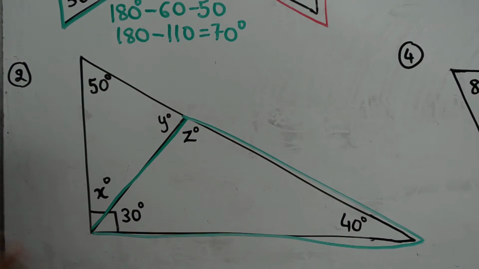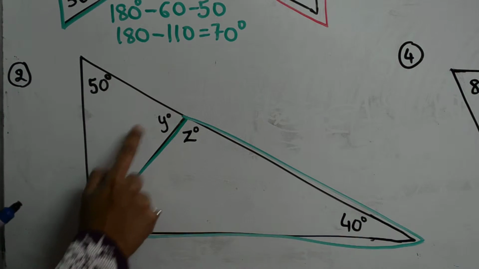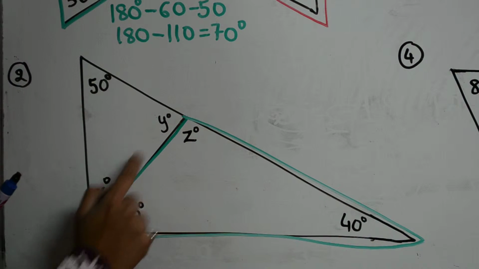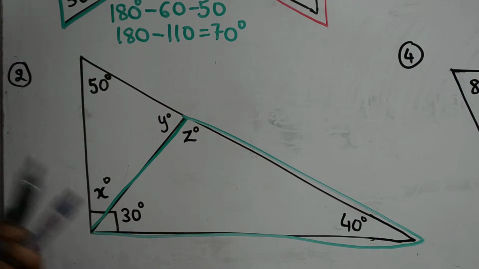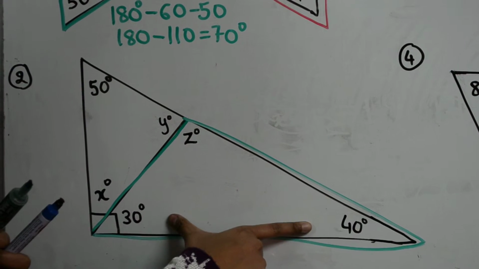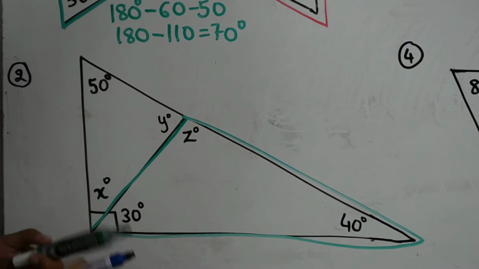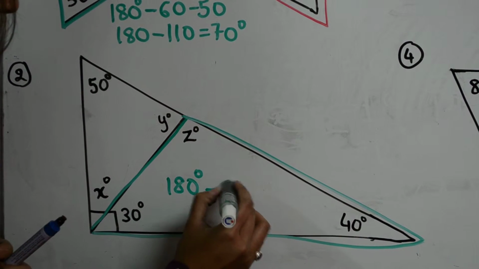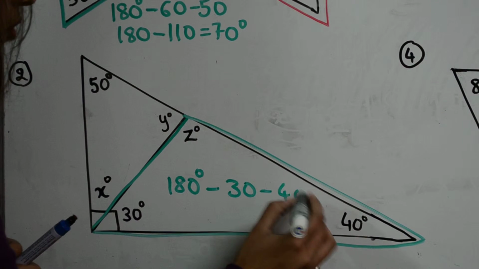Now, the question might arise, why am I not taking the other triangle? Because there are two angles missing and only one angle is given to me. So I have chosen this triangle since I have two angles given to me and one is missing. So again, 180 minus 30 minus 40.